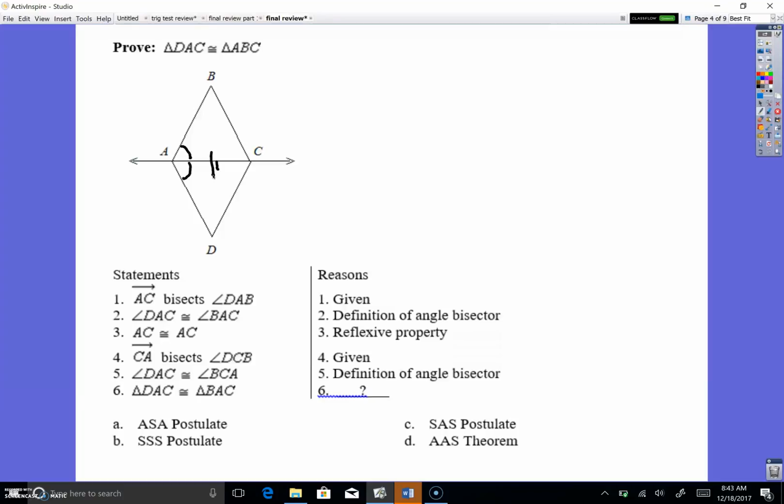So DCA is congruent to BCA, definition of angle bisector. It should say DCA, not DAC. So those two should be congruent together. So the answer we have here is angle side angle.